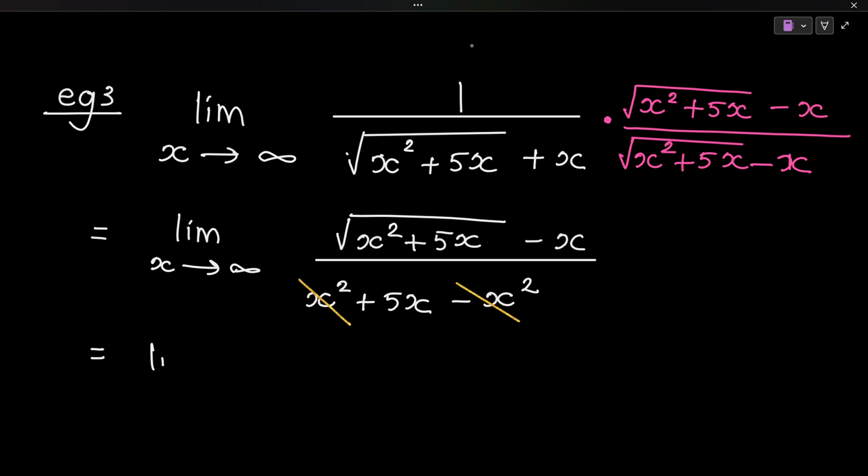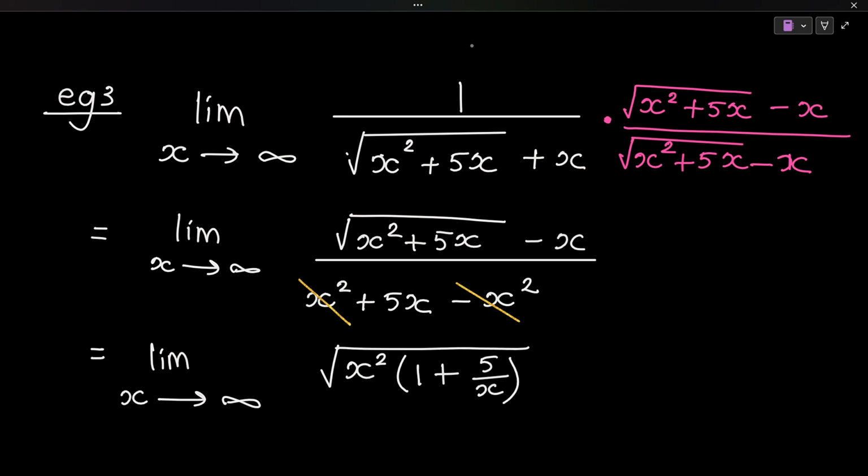Now, our next step after rationalizing is to simplify underneath this surd. So we are going to pull out x squared as a common factor. In our first term, we're left with 1. In our second term, we are left with 5 over x. And next to that surd, we have negative x. In our denominator, we are just left with 5x.